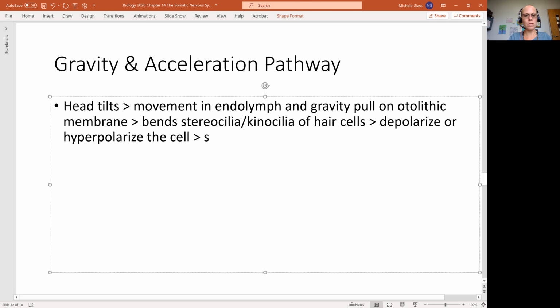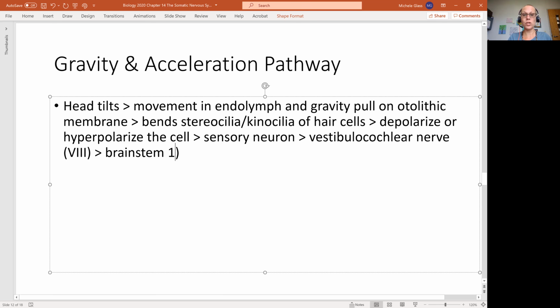And so this is going to send the signal to the sensory neuron, which is then going to be part of that vestibulocochlear nerve. This is going to go to the brain stem, and then we're going to see it go to two places. So we're going to the brain stem and then to the cerebellum.